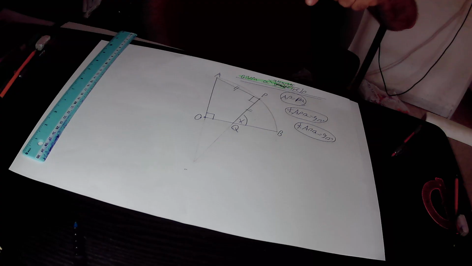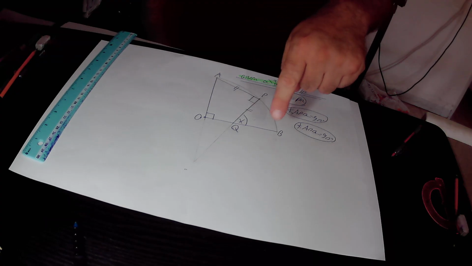So first of all, we complete this quarter circle to a semicircle.